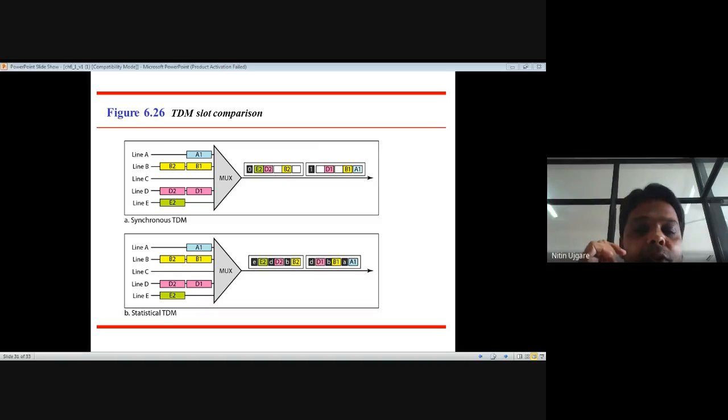If on average only X% of input slots are filled, then the capacity of the link reflects this. Of course, during the peak times, some slots will be put on waiting time.